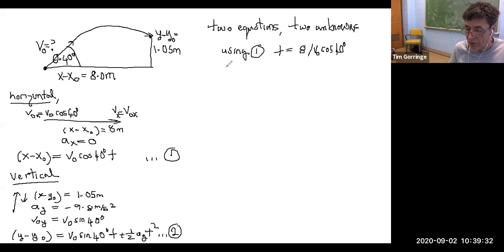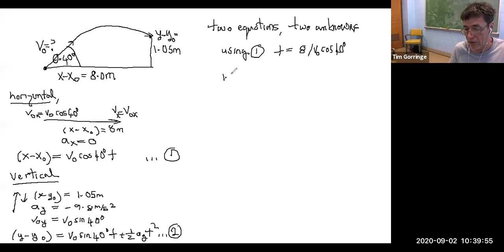I then put that expression for t into equation number 2. So I then wrote out equation number 2. On the left-hand side of it is the vertical displacement. I'm going to put in the number for that.